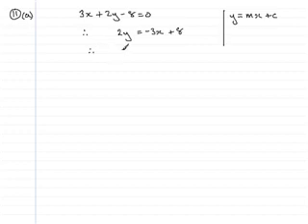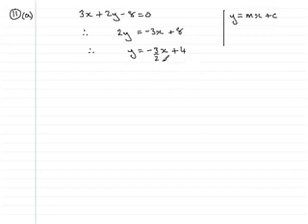Next I want to divide both sides by 2, so we have 2y divided by 2 is y, and then next I could put the whole lot over 2, but because I want it in this format with two terms, I'll just write minus 3 over 2 x, and then 8 over 2 is obviously 4.